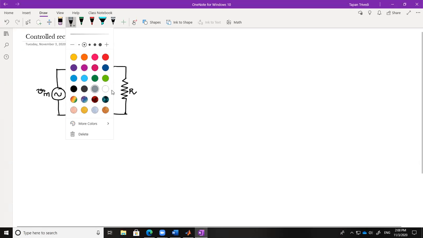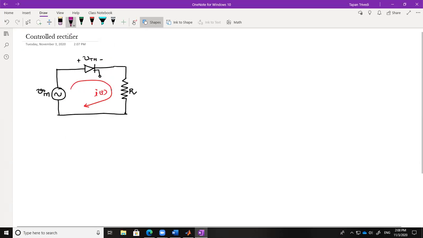Let us say we have an AC waveform. In fact, if I draw this, it will be more appropriate. Fine.